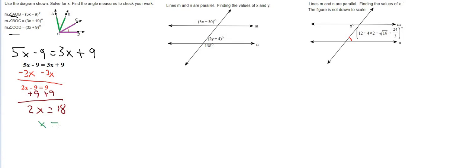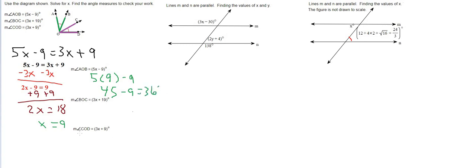But that's not the answer. The answer wants us to find the measurement of each of these angles. So I take the value of 9 for x and put it into each of these expressions. For angle AOB, I'm going to do 5 times 9 minus 9. 5 times 9 is 45, and 45 minus 9 is 36.